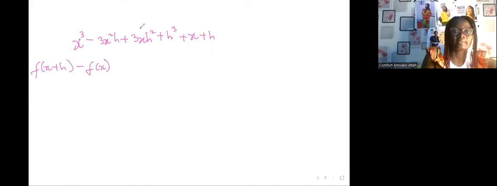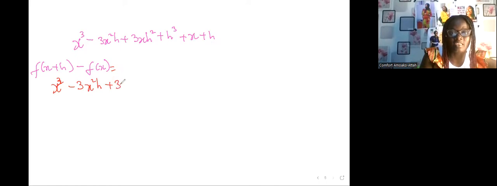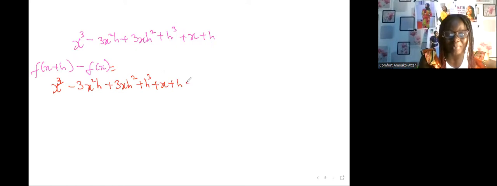So we are getting x cubed minus 3x squared h plus 3xh squared plus h cubed plus x plus h minus.